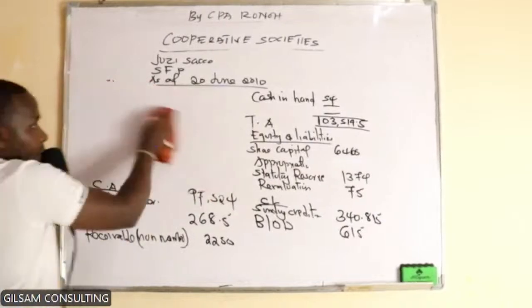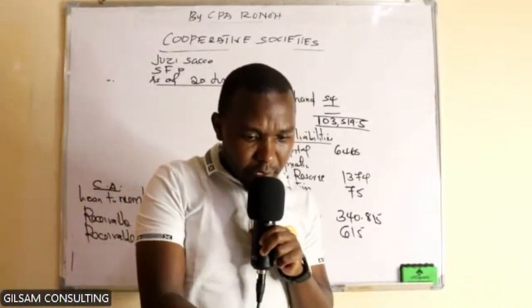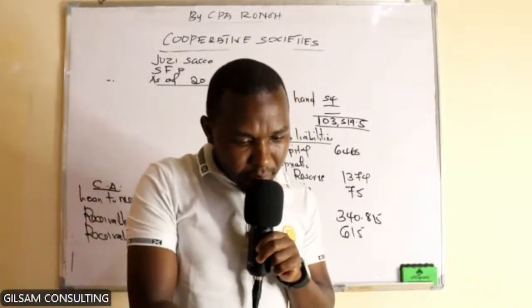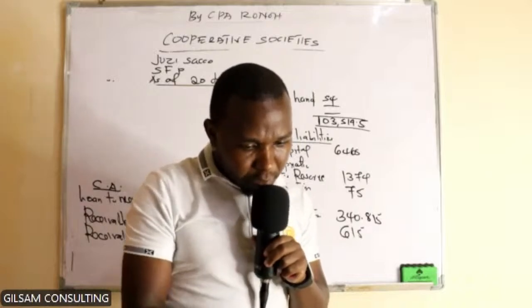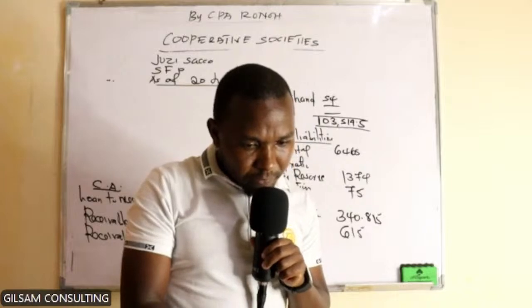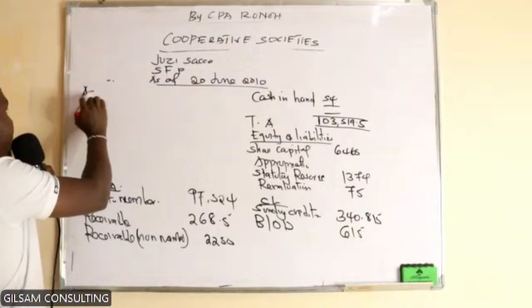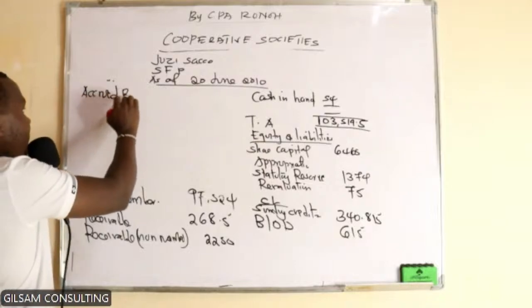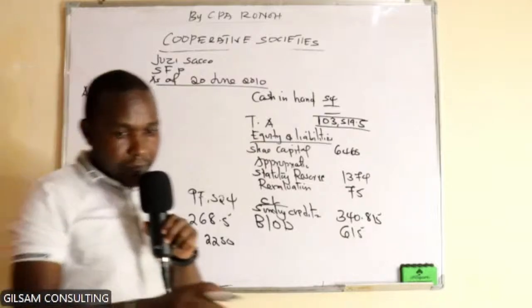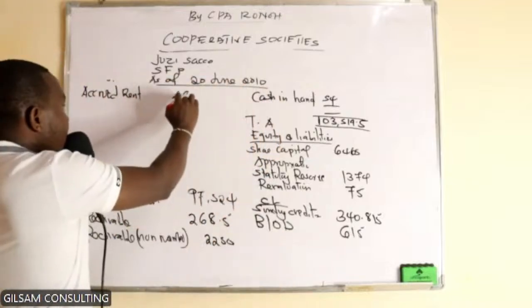After bank overdraft, interest on loan to members, that was an income, bank charges, salaries. I think we have the accrued rent. We have accrued rent up there. Accrued rent is also a liability of 495.